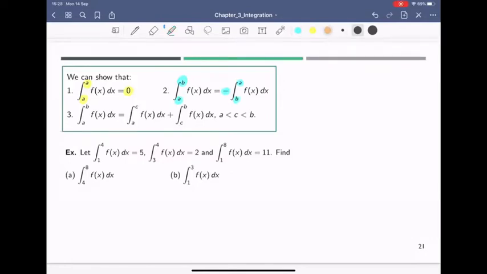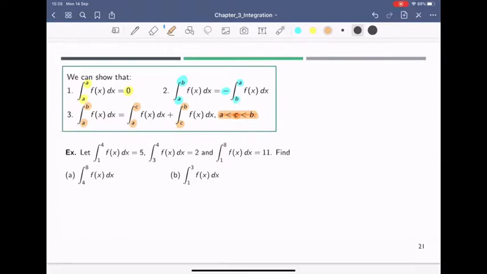And then the third one: if you integrate from a to b, and you have a point c that is in between a and b, you can split it into a to c plus c to b. Sounds good? So we can use that to solve a little problem here.